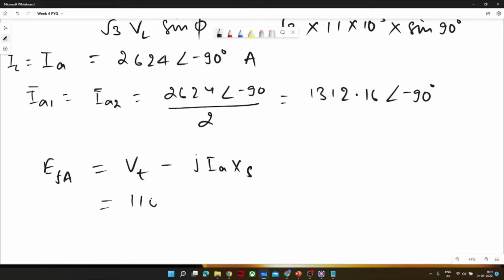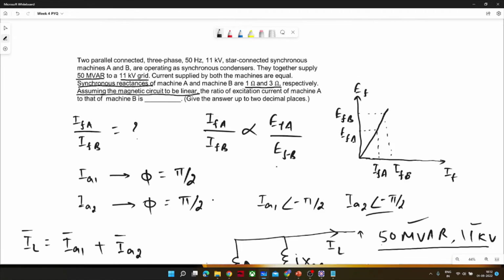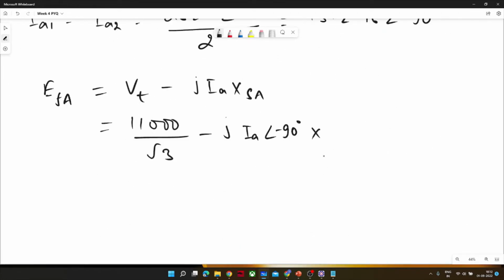So 11,000 divided by root 3 minus J into IA angle minus 90 into XSA. What is the value of XSA? XSA is 1 ohm and XSB is 3 ohm.